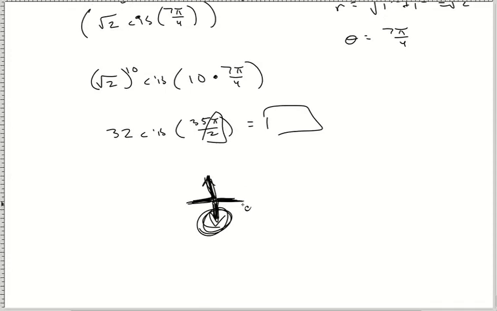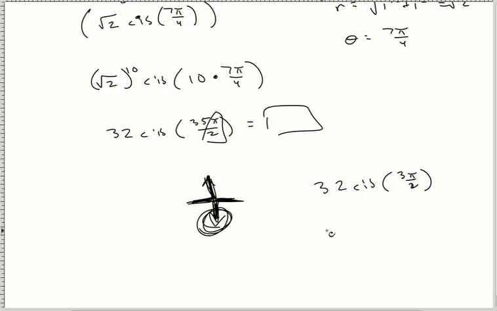Basically, we're going straight down. Isn't that weird? And so then I've got now 32 CIS of basically 3 pi over 2 when I convert it down enough. I'm going straight down.